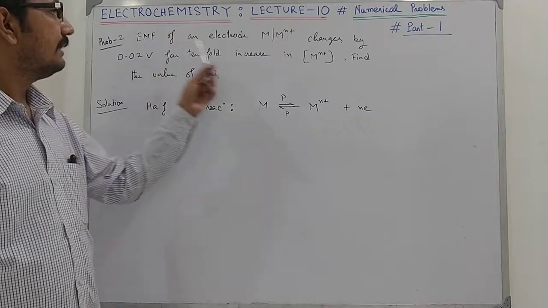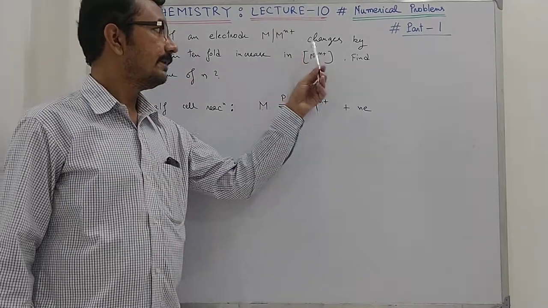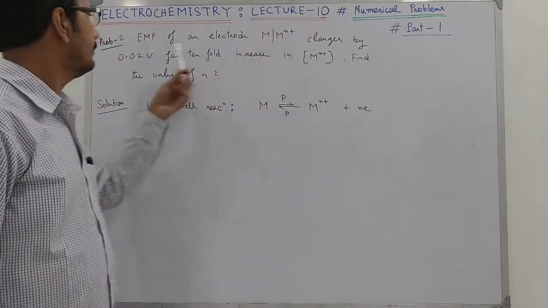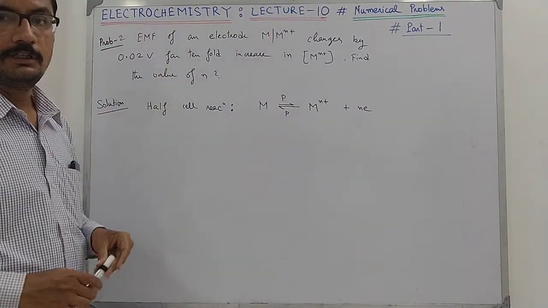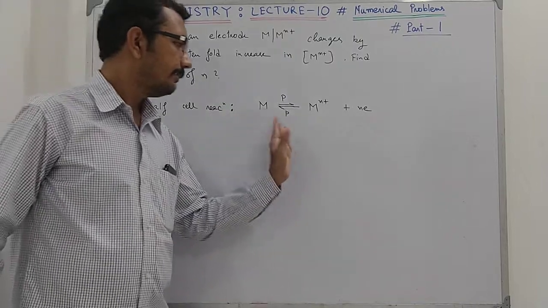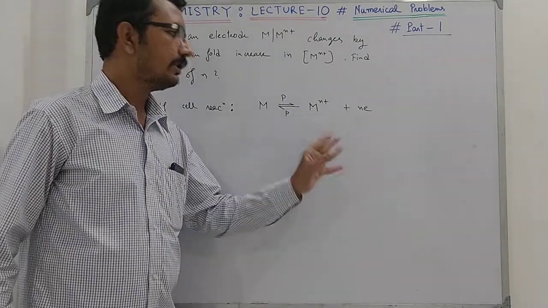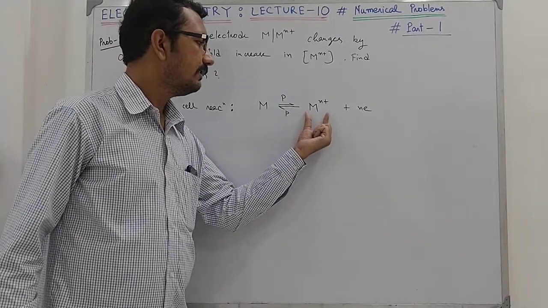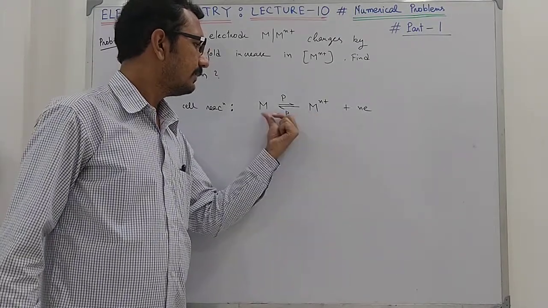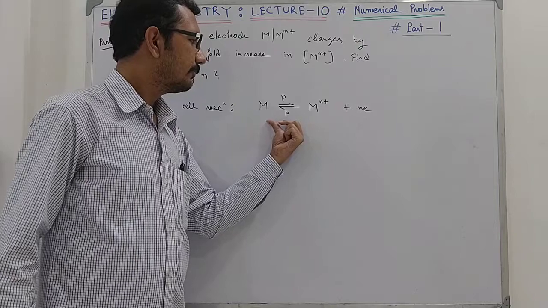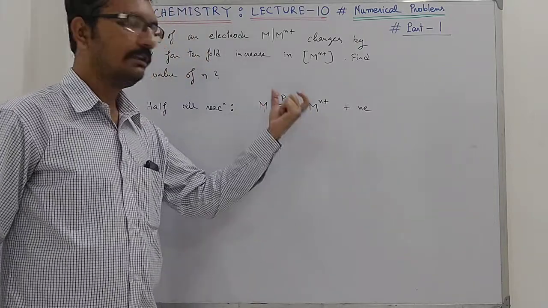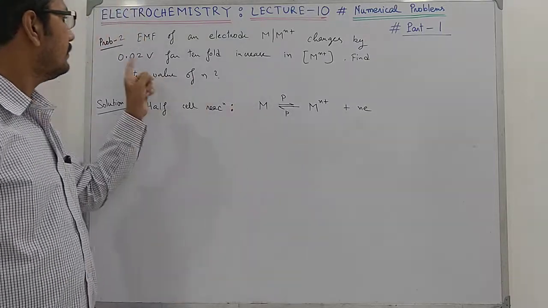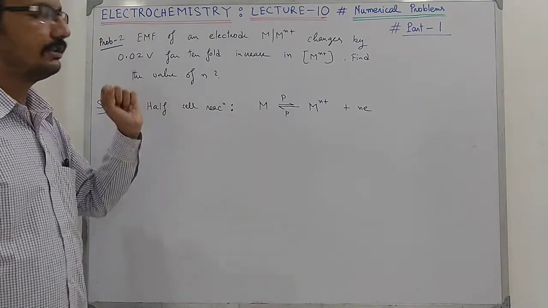Hence they are telling you that the EMF changes. They are not saying that it is decreasing or increasing. Since if you represent it in oxidation potential, you see, with increase in concentration, the backward reaction increases, so the oxidation tendency decreases. So there will be decrease in the oxidation potential by 0.02 volt.